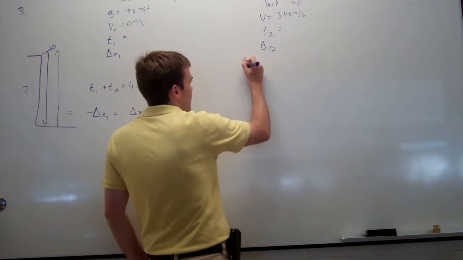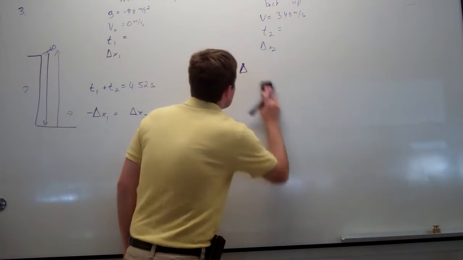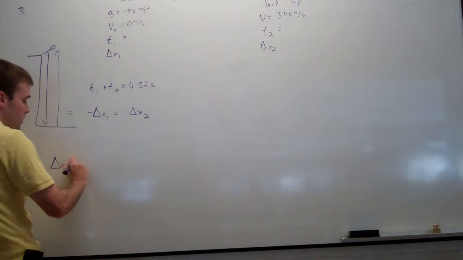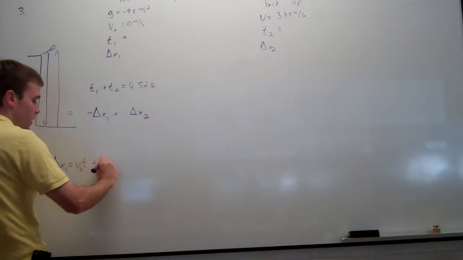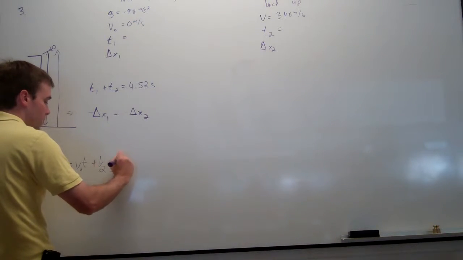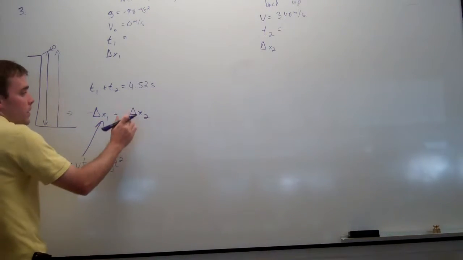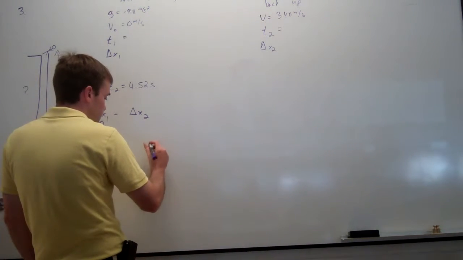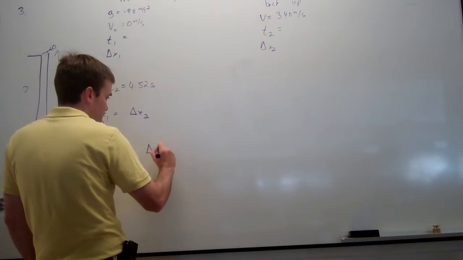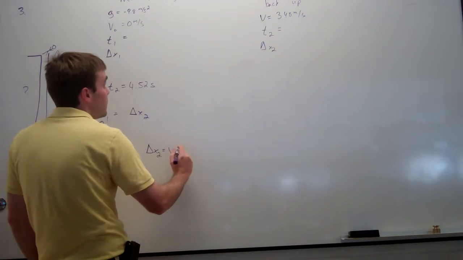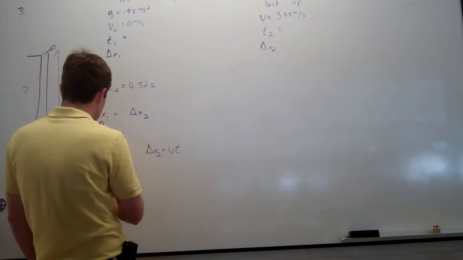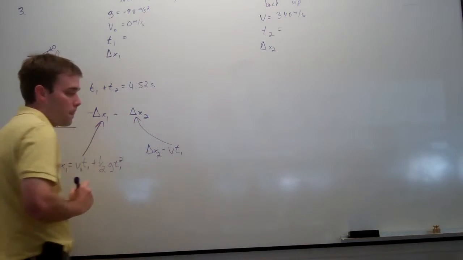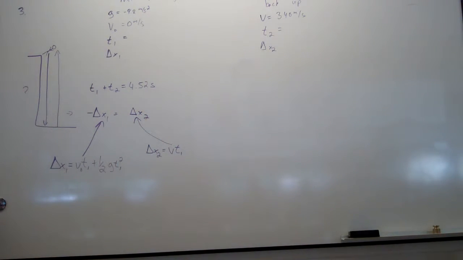So the equation we're going to use here is delta x1 equals VOT plus 1/2 GT squared. And since V just equals delta x over t, we can use delta x2 equals V times T1s for this side. So that can go in there. Does that make sense what I'm going to do when I write that down?